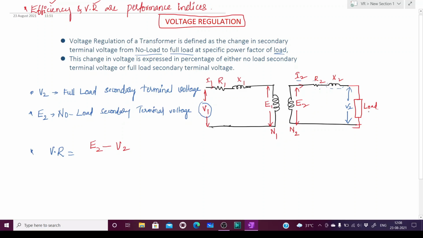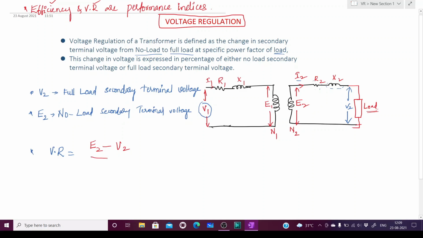The load will define the power factor. It can be a lagging power factor or a leading power factor. For lagging power factor, voltage regulation will have one expression, and for leading power factor, it will have another expression. The second point is that this change in voltage is expressed as a percentage of either the no load secondary terminal voltage or the full load secondary terminal voltage.